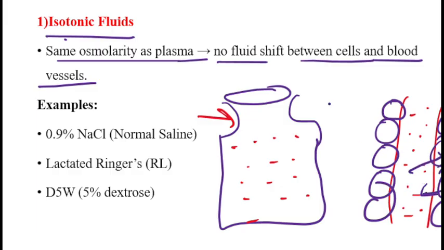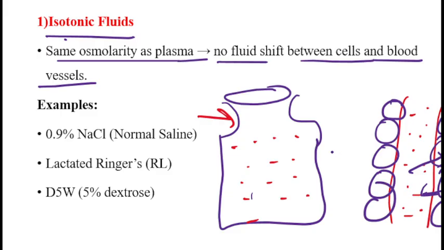As these fluids are isotonic, their concentration or proportion is the same as the fluids present in the blood. So because of this, there is no osmotic flow of water from the blood vessel into the cells or from the cells into the blood vessels.